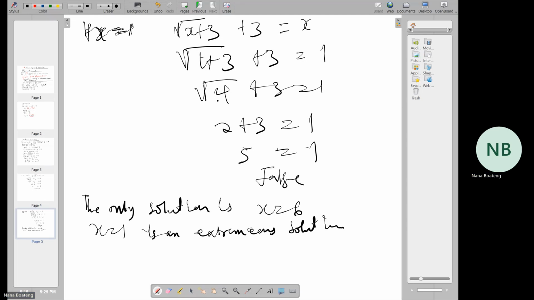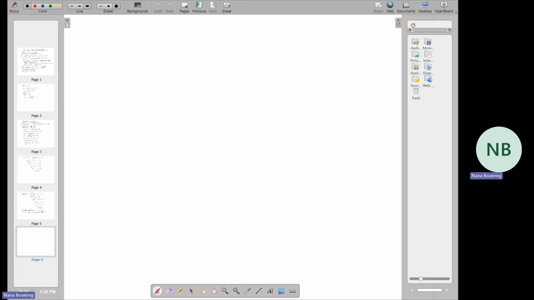We call it example 2b. For example 2b, it also involves radicals.